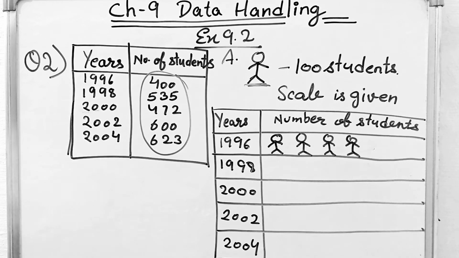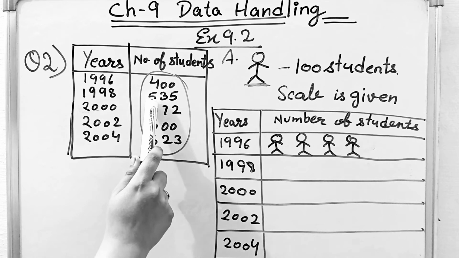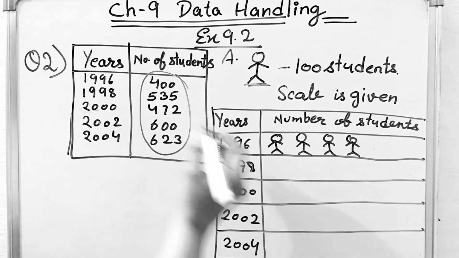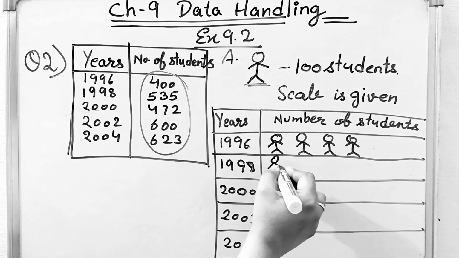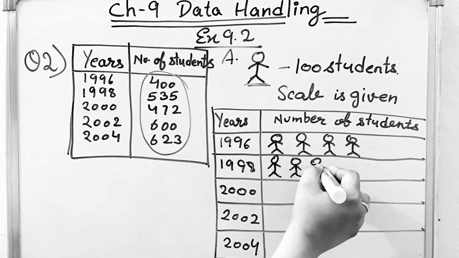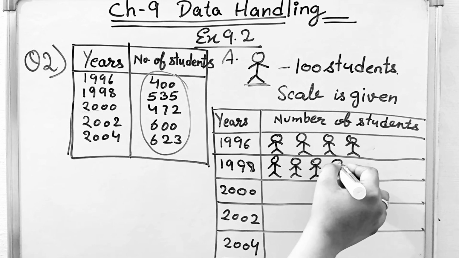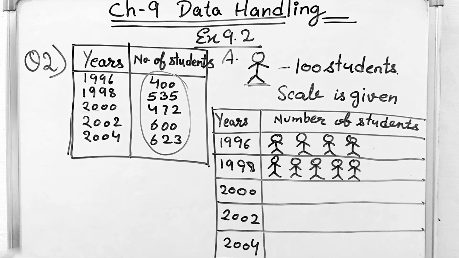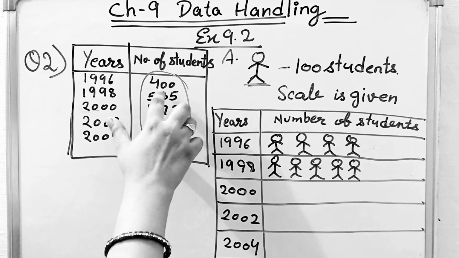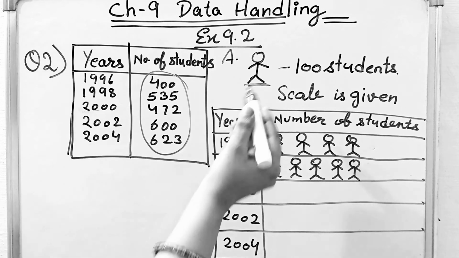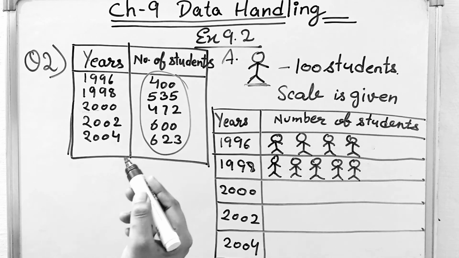Right? In the same way, for 1998 there are 535 students. For 535 we will draw 5 symbols over here for representing 500 students. Now the point comes, how we will represent this 35. It is in our hand. Like we can see that this complete symbol is representing 100 students.